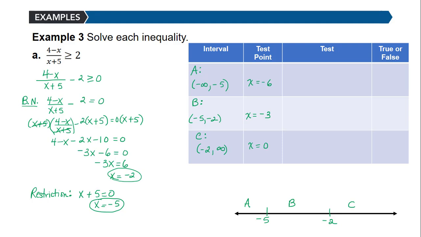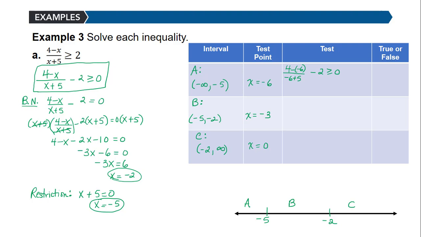Testing, we plug into this inequality: 4 minus x divided by x plus 5, minus 2 is greater than or equal to 0. So we would say 4 minus negative 6, all divided by negative 6 plus 5, and then minus 2. Is that greater than or equal to 0?